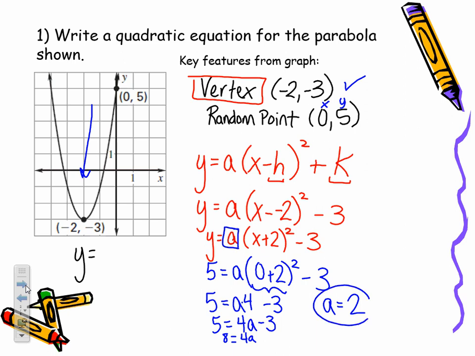This tells me that the a that I'm looking for, the value in front here of this vertex form, needs to be a 2 in order to make the parabola hit the spots I need it to hit. So I'm going to go ahead and finish my general form, y equals 2 in front, (x plus 2) squared for the vertex minus 3. Okay, so that 2 value is the a that we're solving for to try to make our parabola hit where we need it to hit. Let's do another one like this.